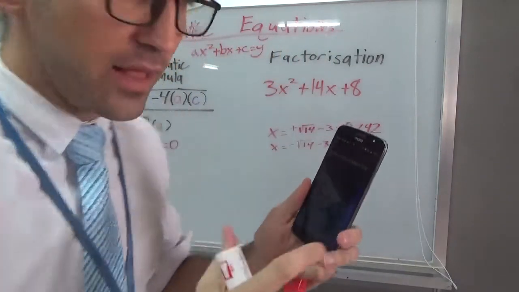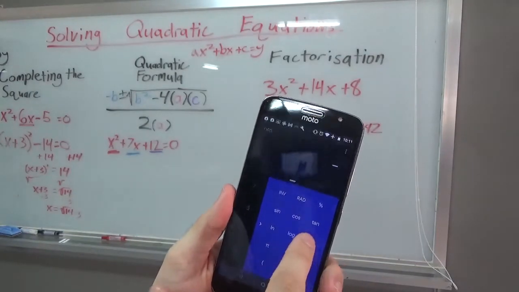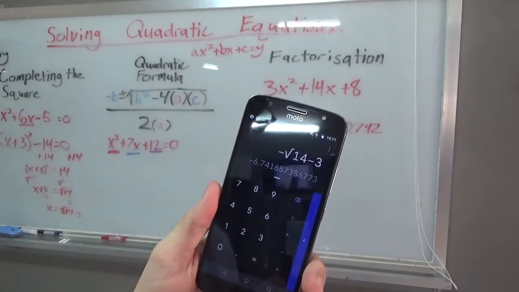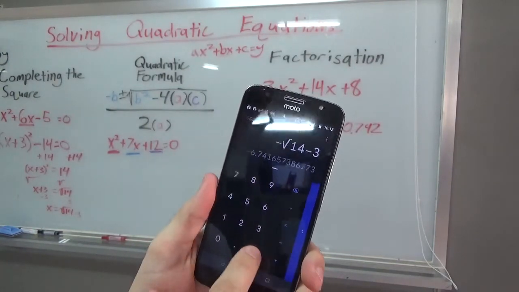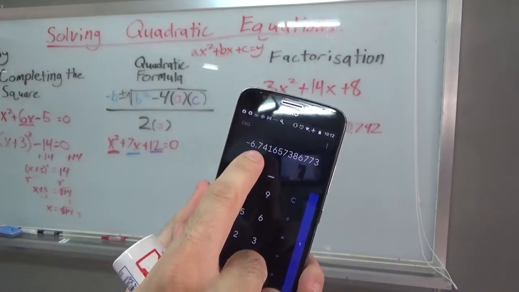Now our other value, we want to have the negative square root of 14 minus 3. And that will give us negative 6.742.